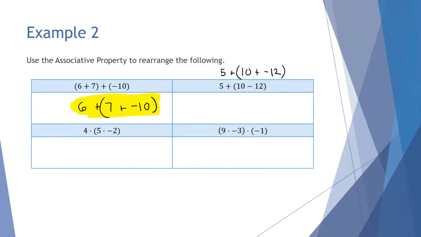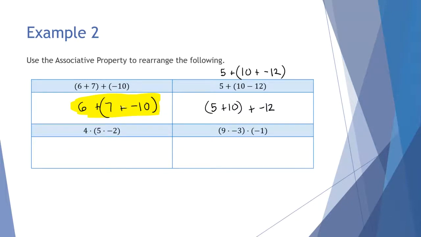Once you rewrite it, you see that the last 2 are grouped together. So if we want to use the associative property, we can change it so that the first 2 are grouped together. We could rewrite this as 5 plus 10 grouped, and then add the negative 12.